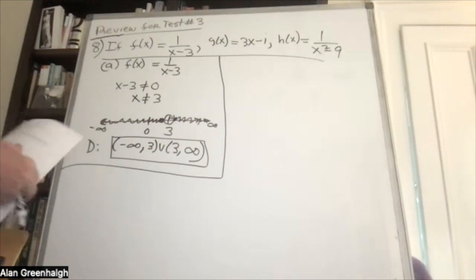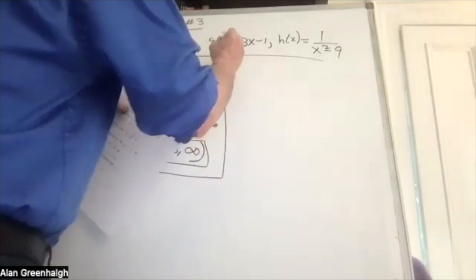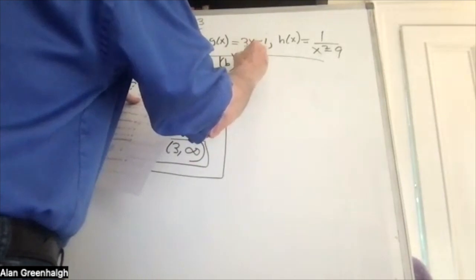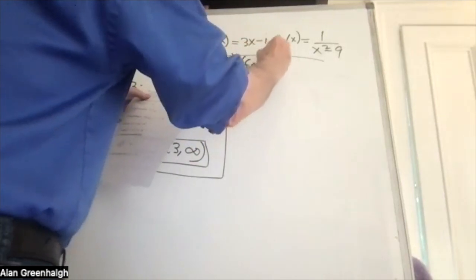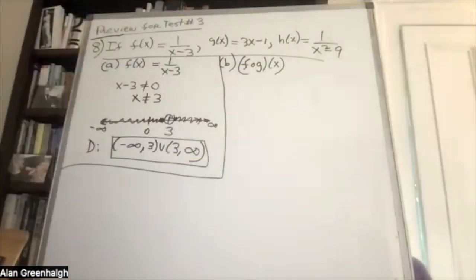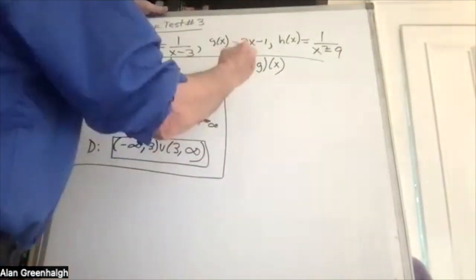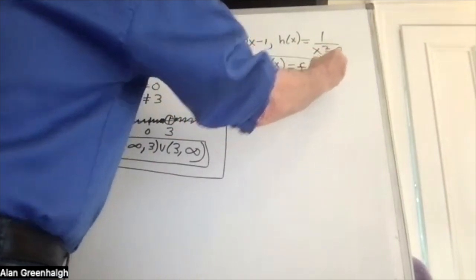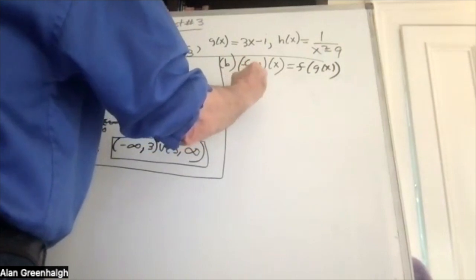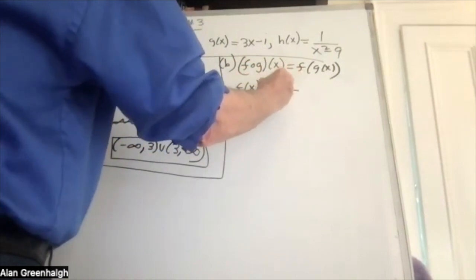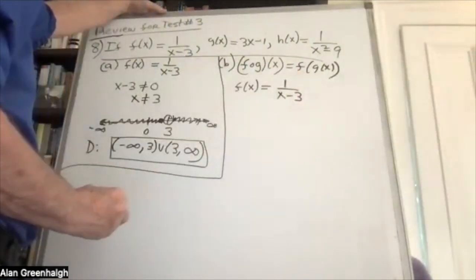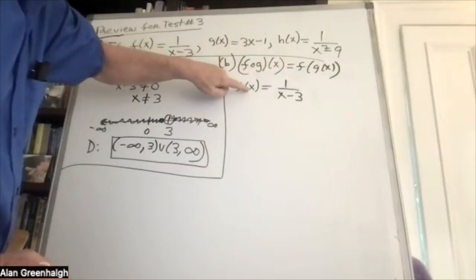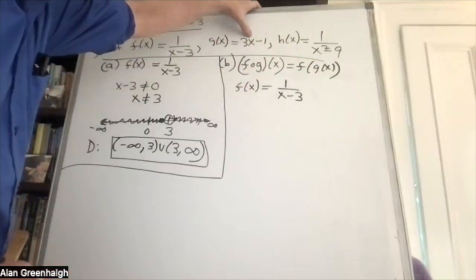Okay. Second part of the problem. Find f of g of x. Now remember what that means. If we write f of x as 1 over x minus 3, f of g of x means that wherever we see an x, we're going to substitute the g of x.